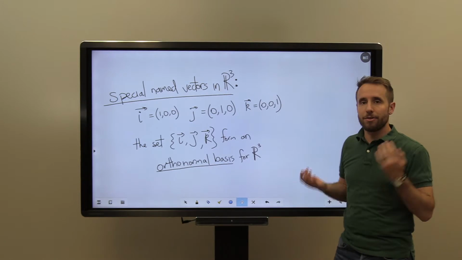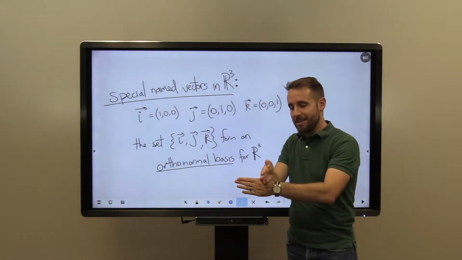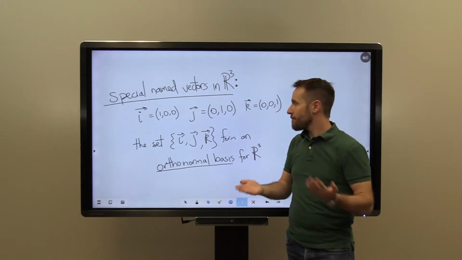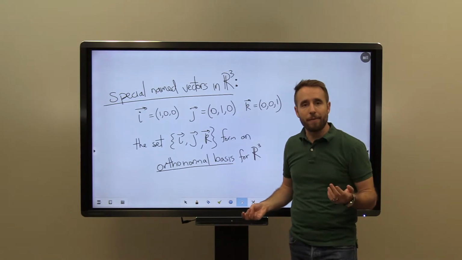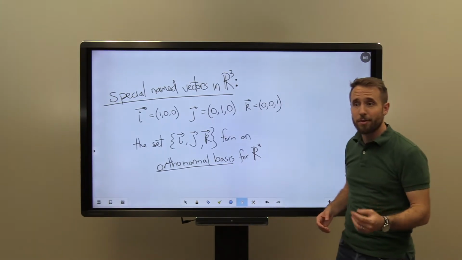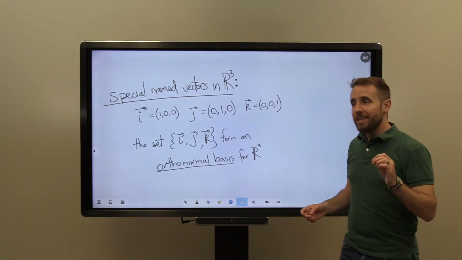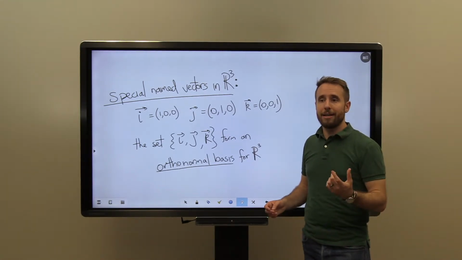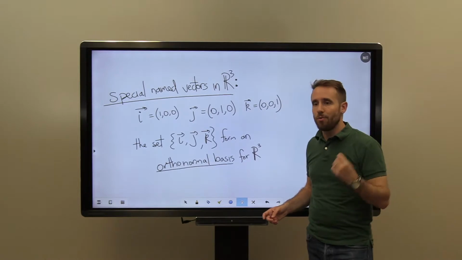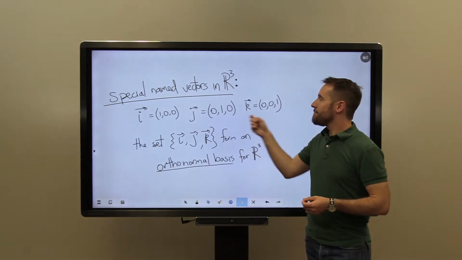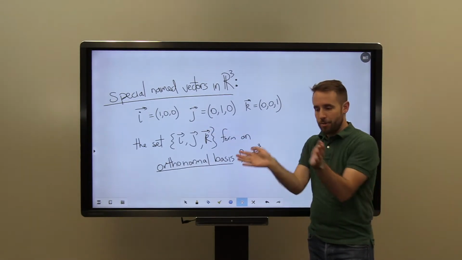All three of these vectors are orthogonal to each other. They meet at 90 degrees, right? So they're all 90 degrees apart from each other. They're all perpendicular to each other. They're all orthogonal to each other. Normal in the sense that they're all normalized. They all have length equal to 1, right? So each of these meets in a perpendicular direction from each other.